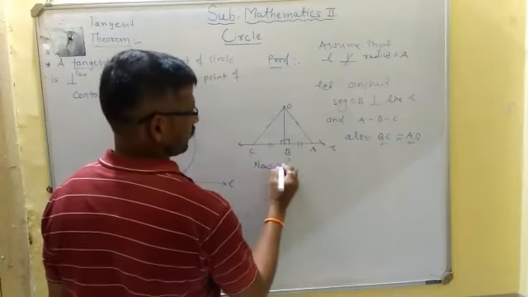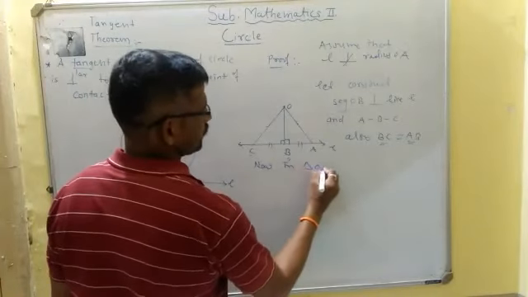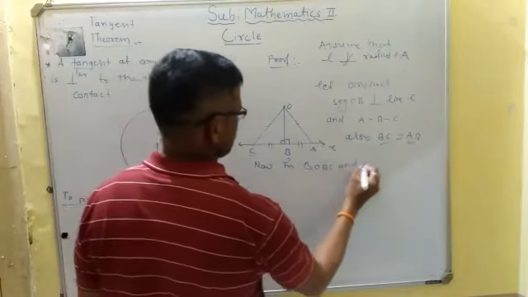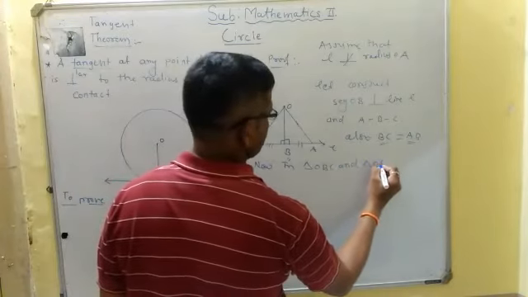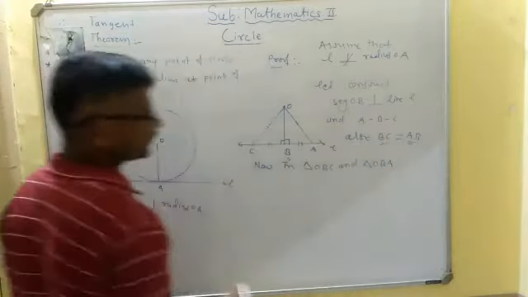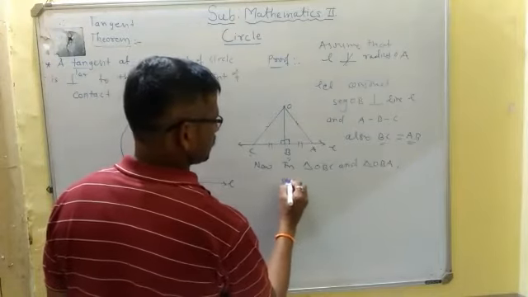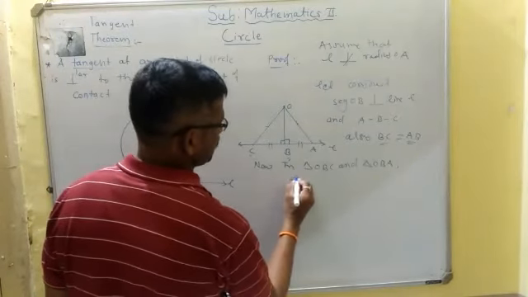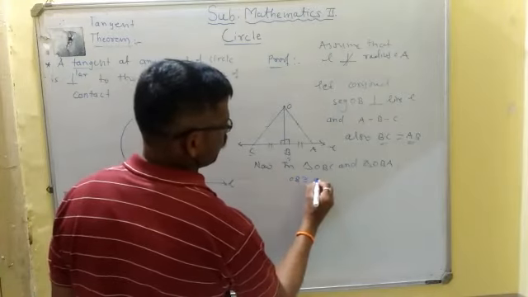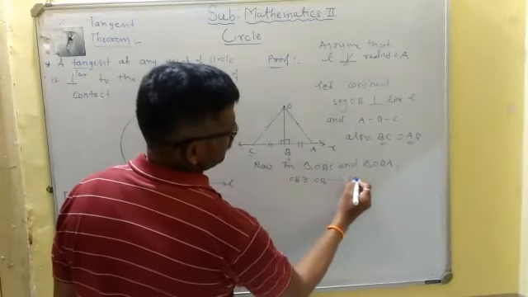Now, in triangle OBC and triangle OBA, we write here side OB is congruent with side OB because it is a common side.